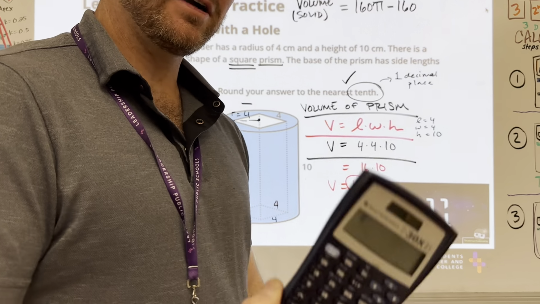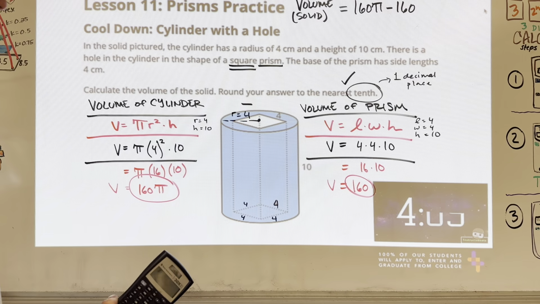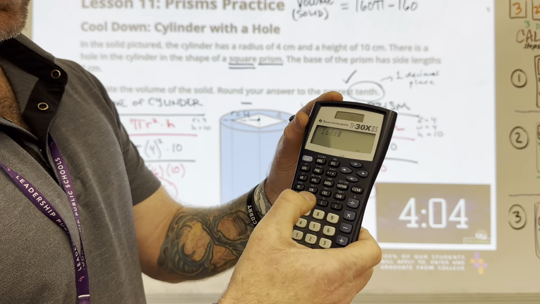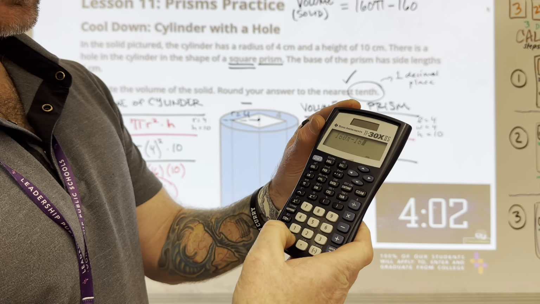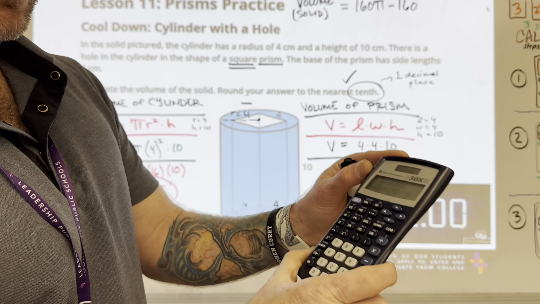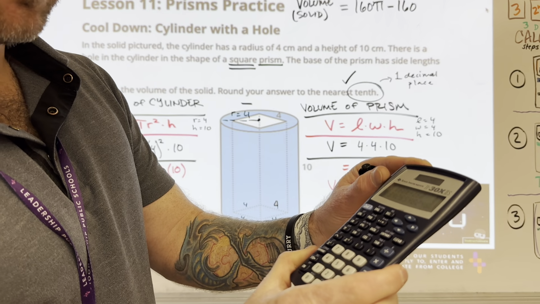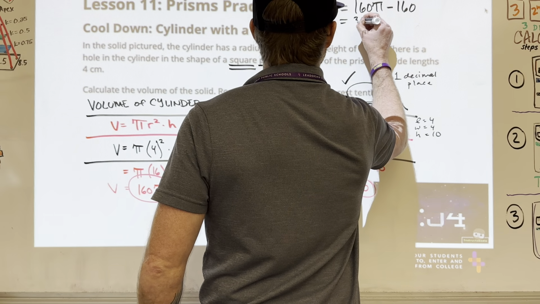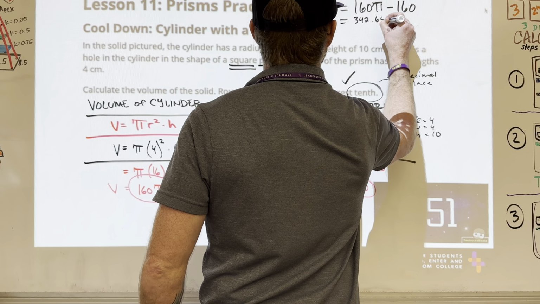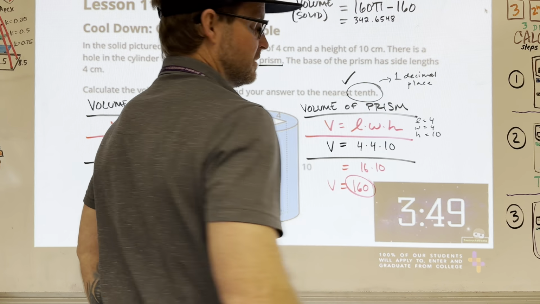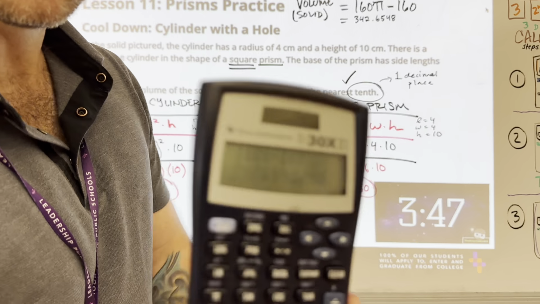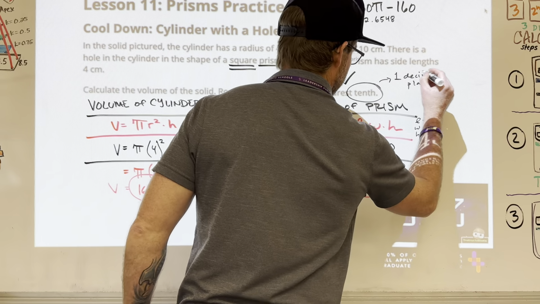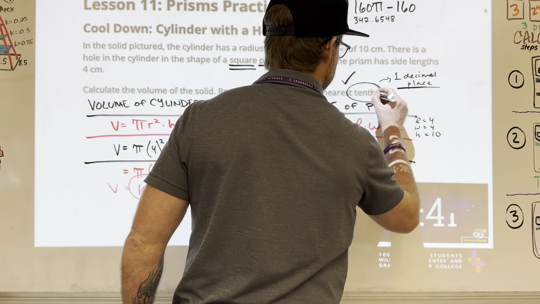Turn it on, clear out previous work so you got a clean slate. 160 pi minus 160 equals 342.6548. Triple check. Yep, that's what we got. But you got to go one decimal place because that's what tenth means.